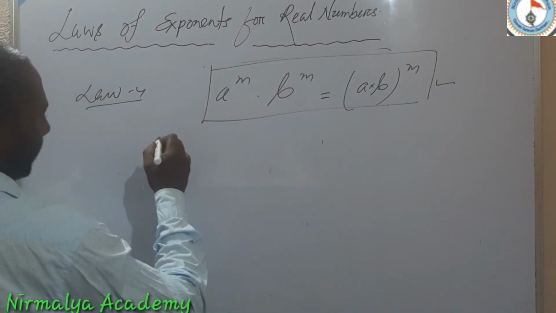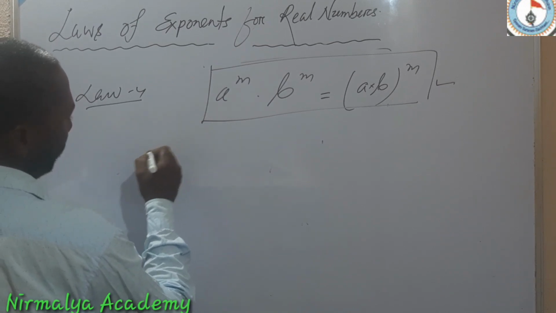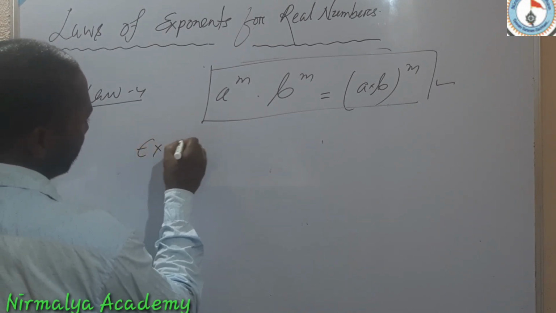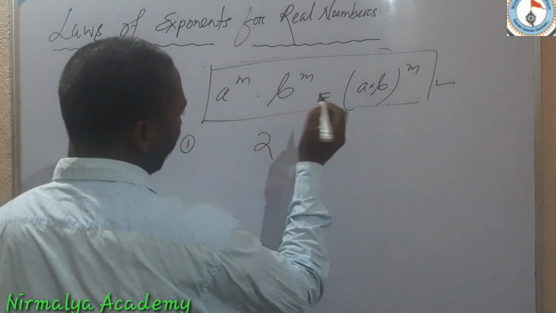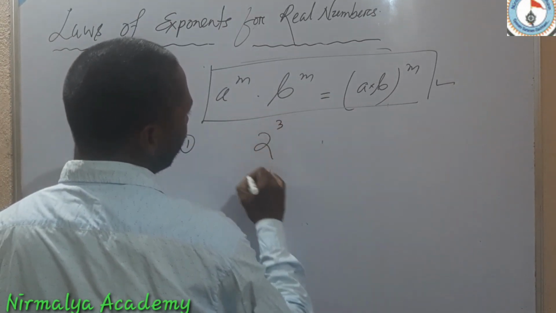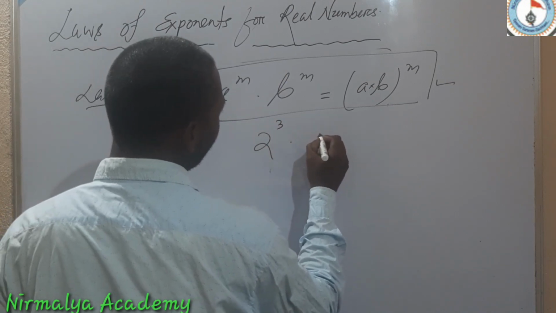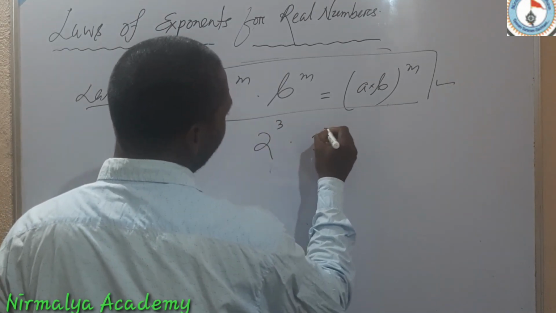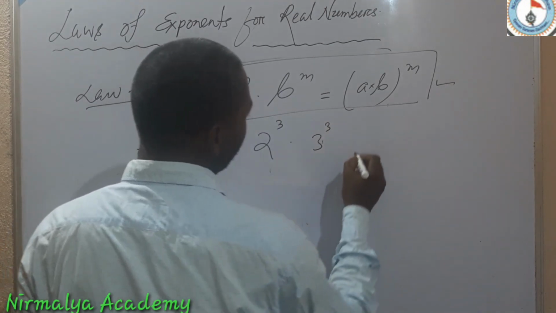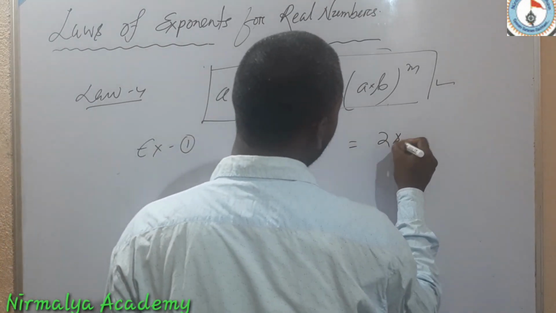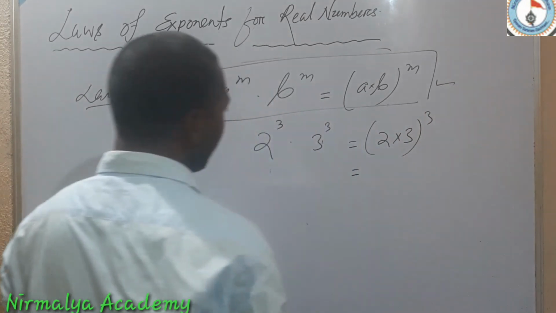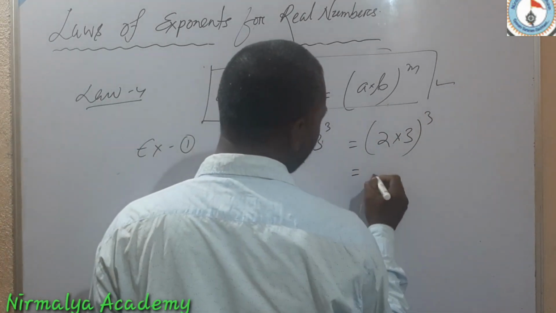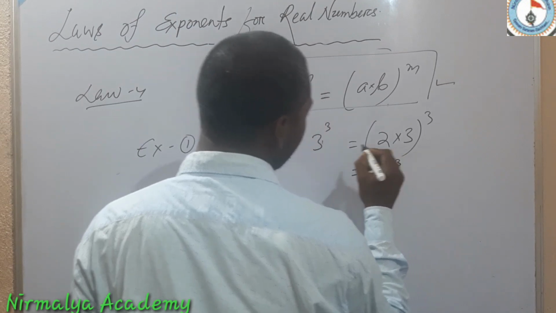Now let's take some examples. 2 to the power 3 into 3 to the power 3 equals 2 into 3 whole to the power 3, equals 6 to the power 3.